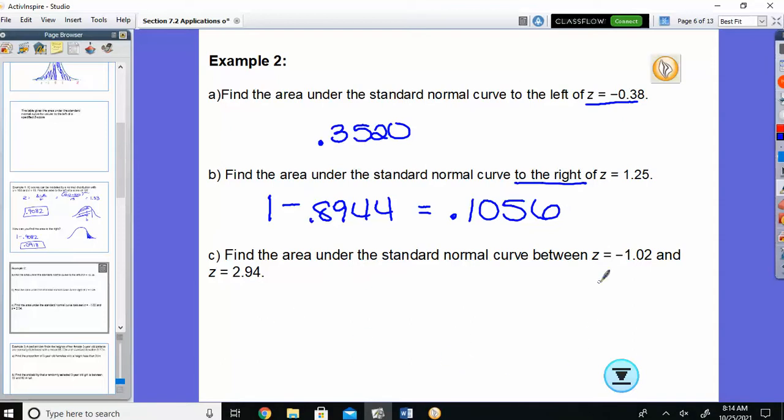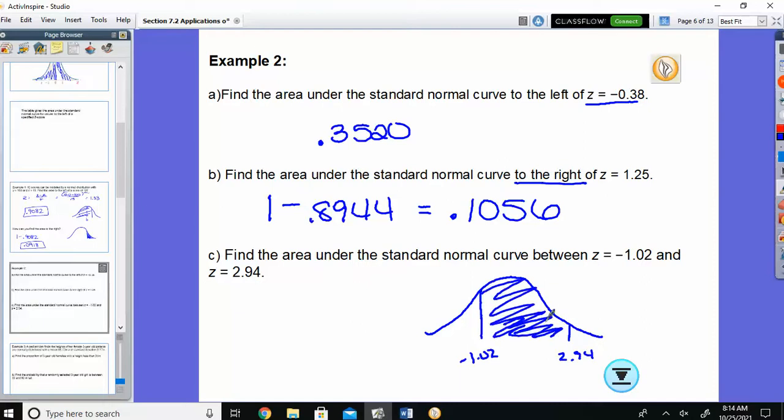Okay, C. We're going to have to think a little bit. I want the area between negative 1.02 and 2.94. Negative 1.02 is going to be below the mean. 2.94 is all the way out here.